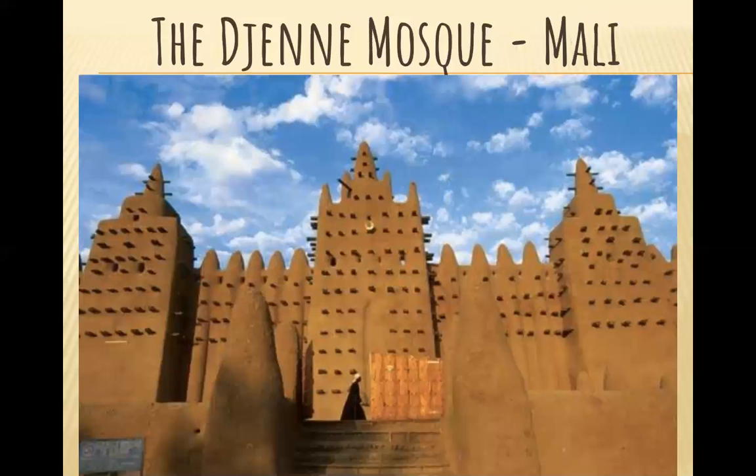And then this is the Djenné Mosque in Mali. It is made out of all adobe. And again, thinking about mosques, what religion did we see the mosques in? I hope you said or thought Islam, because that is the Muslim house of worship, is a mosque.